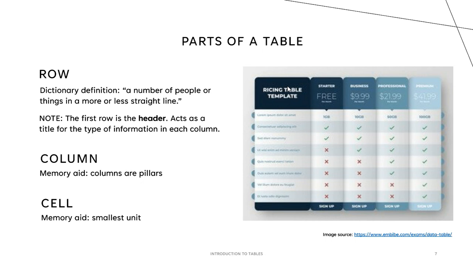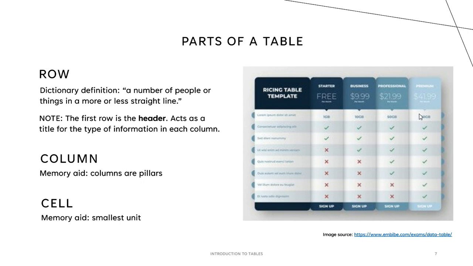Then the column is a section of the table that goes from top to bottom. As you can see, this table has one, two, three, four, five columns. And of course, the cell is the part of the table that contains the values or the data. It is the smallest unit of the table.